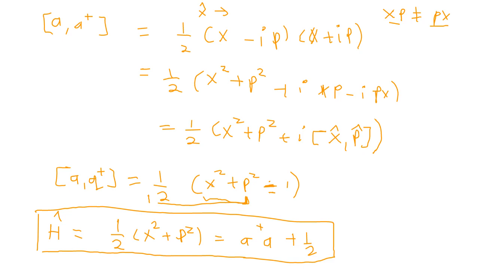And once you have them, to get the nth state, what we did was act with a dagger. This is one of the equations that we will have once we quantize the electromagnetic field. So you get 1 over square root n factorial, a dagger n times on the vacuum.